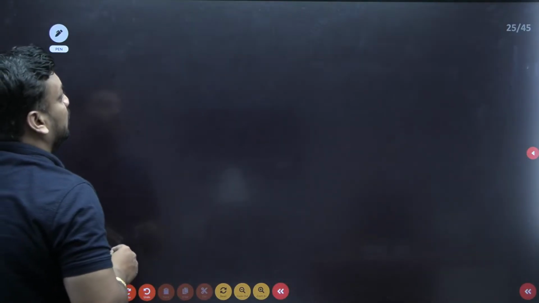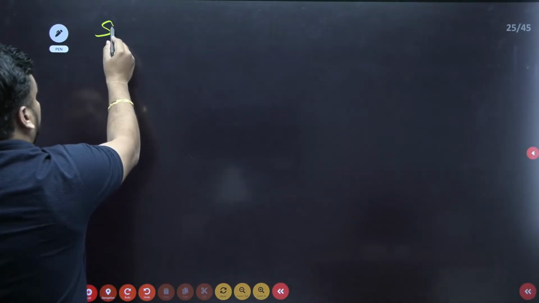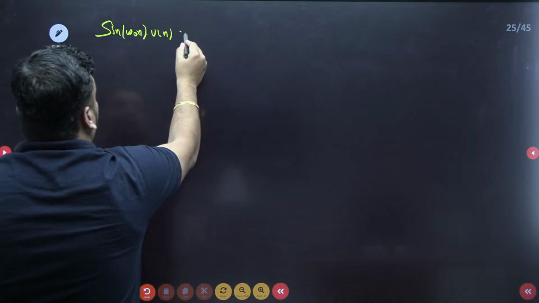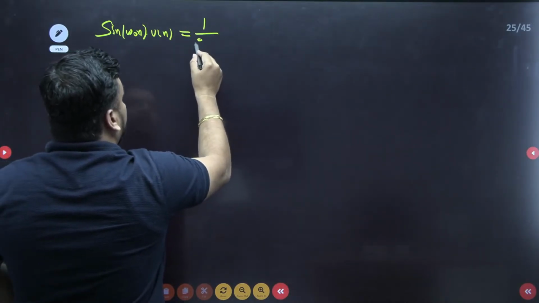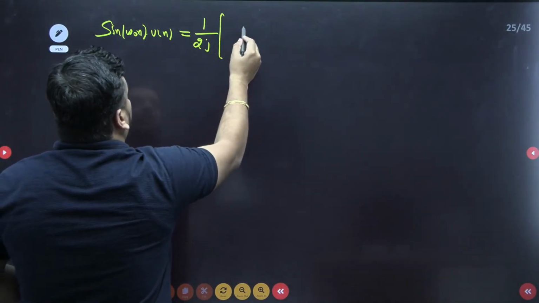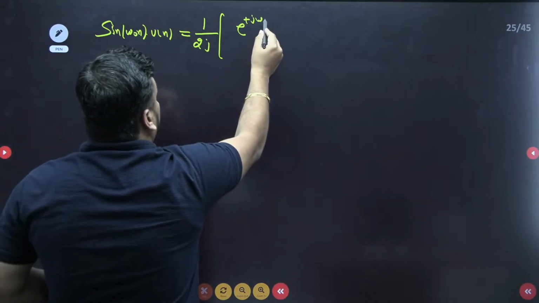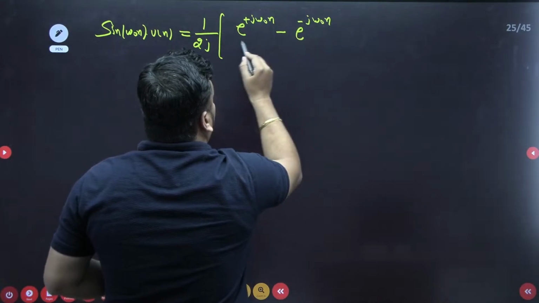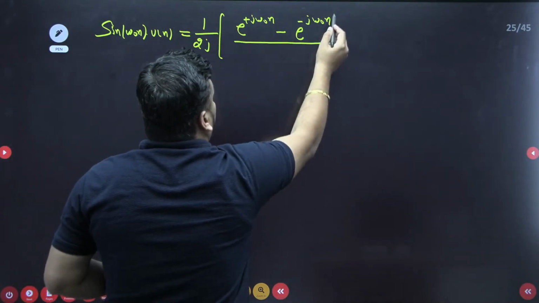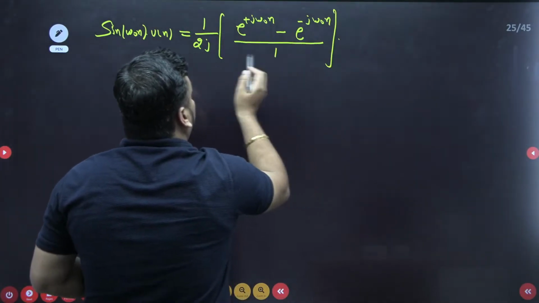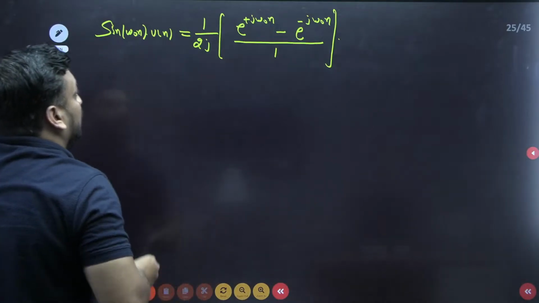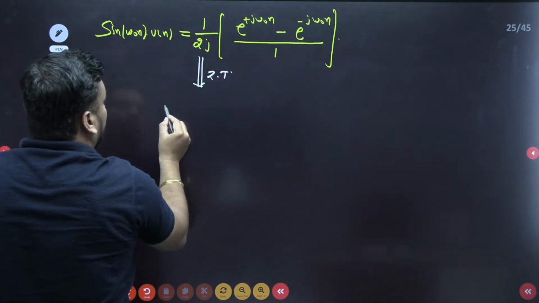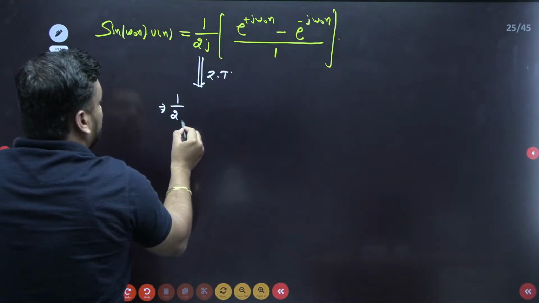This is important. Now if I talk about sin omega 0 n u[n], its equivalent is 1 upon 2j outside this time, and it will be e to the power plus j omega 0 n minus e to the power minus j omega 0 n. Now if I am looking for the z transform of this, 1 by 2j is already outside.